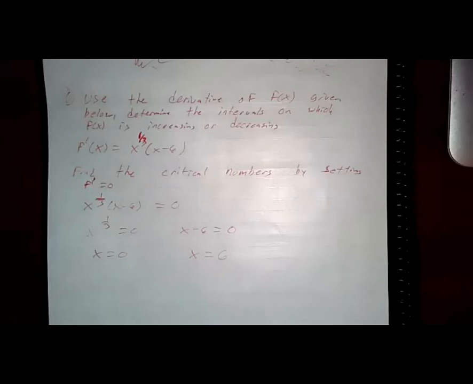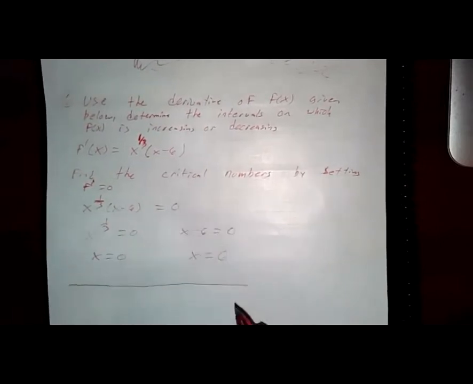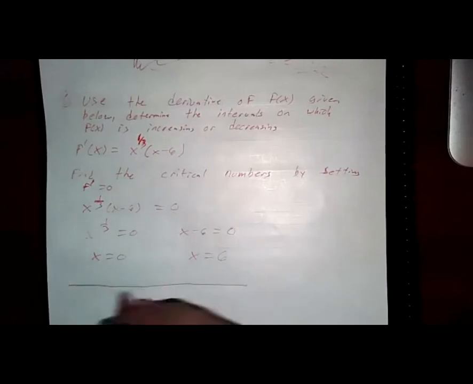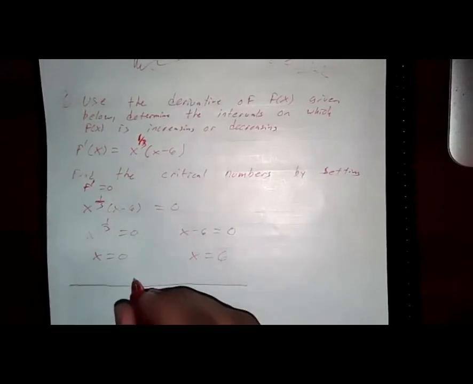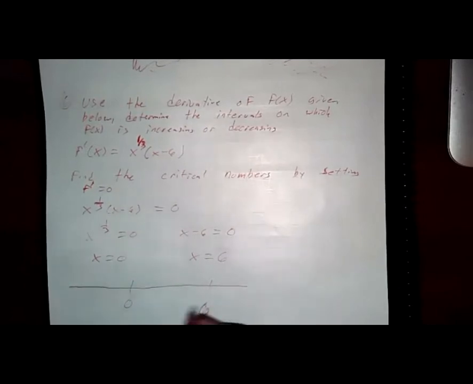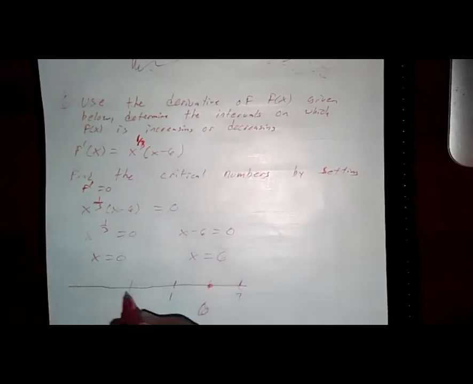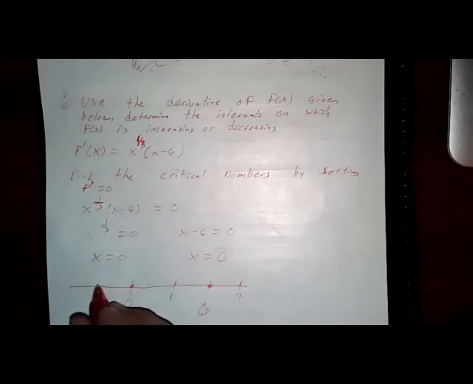So now let's do the first derivative test. Yeah, let's do that. That'd be easy. All right, so we got 0 and we got 6. So choose easy numbers before, between, and after. So here's 1, here's 7. These are my special numbers. And -1, I guess.